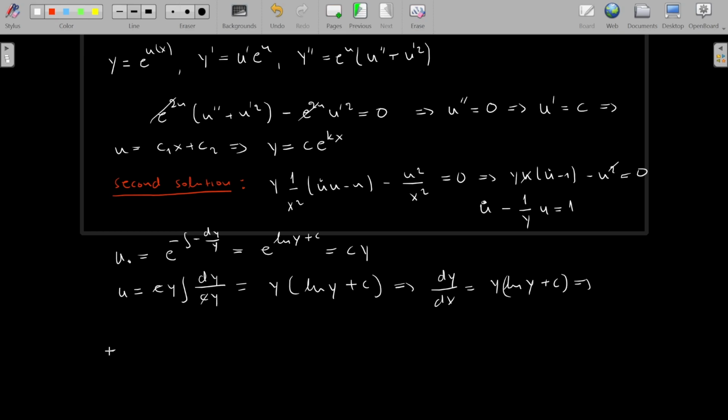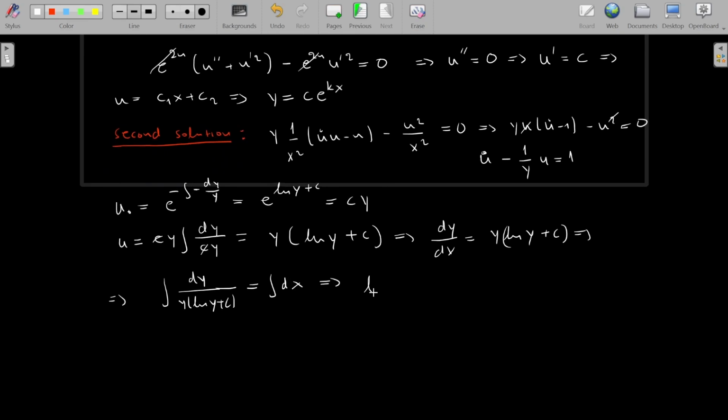So if we integrate this, we get dy over y ln y plus a constant is equal to dx, meaning that this is ln of ln y plus a constant is equal to x plus another constant.